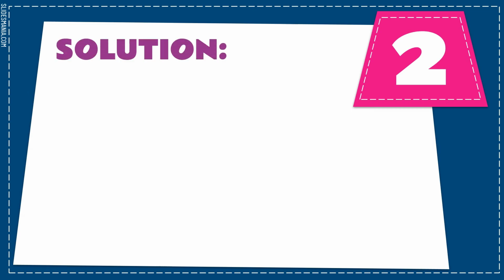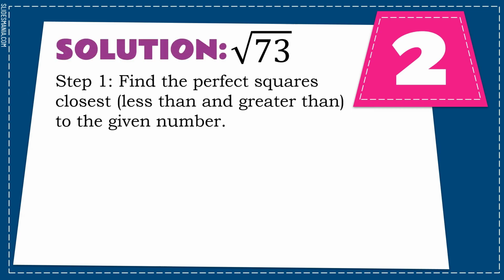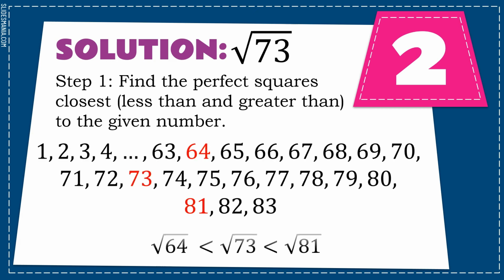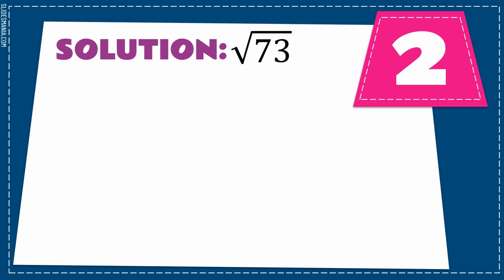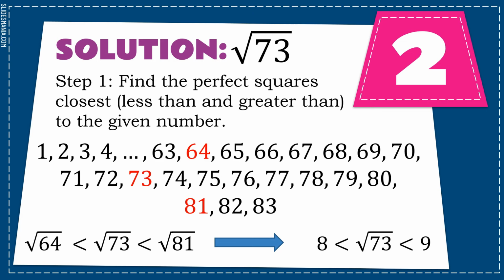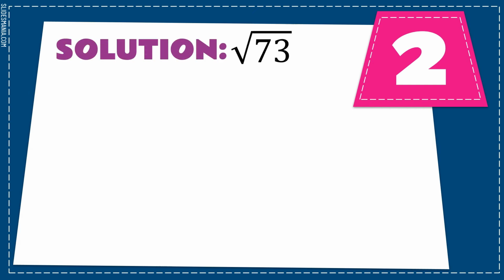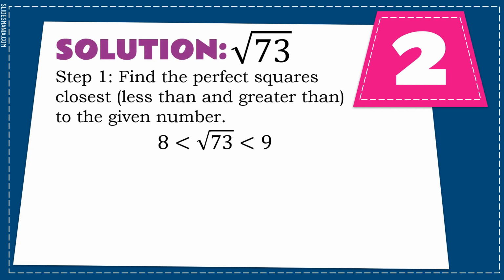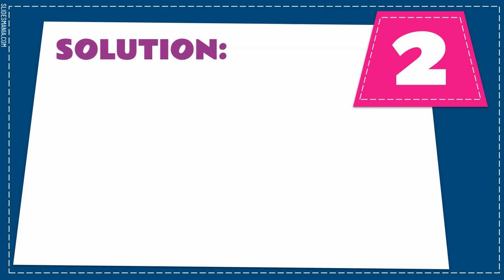Correct. The square root of 73 is between the square root of 64 and the square root of 81. In other words, it is located between the integers 8 and 9. To which integer is the square root of 73 closest? Correct.